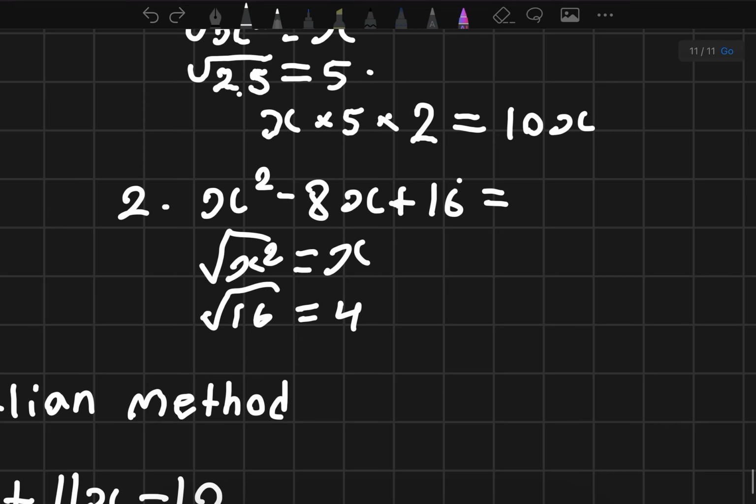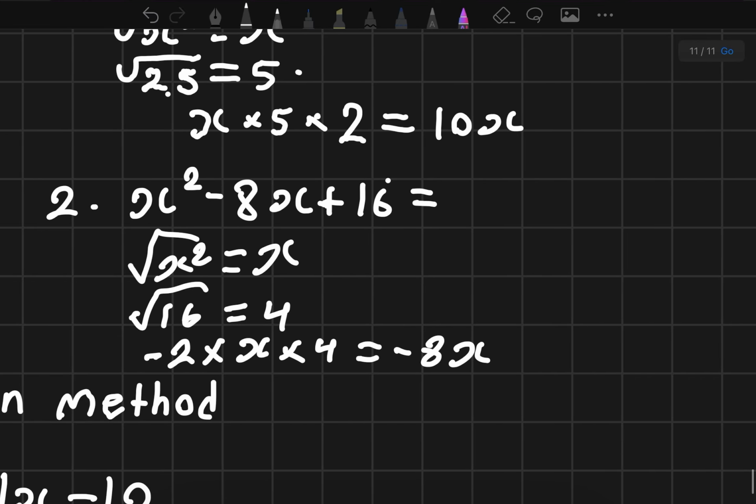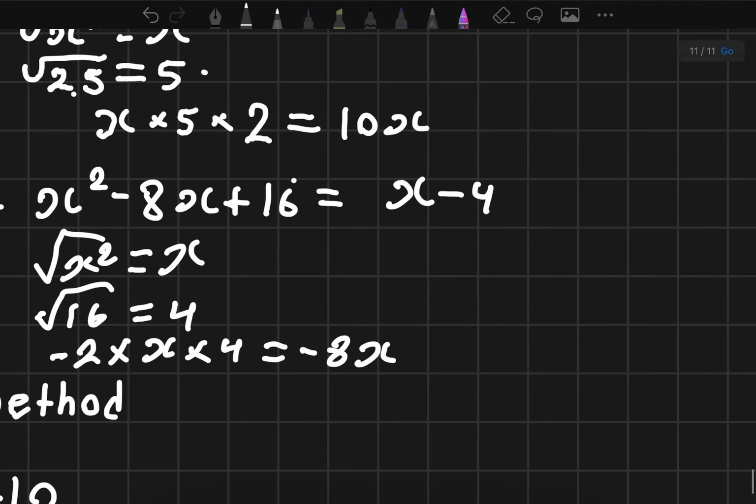So it'll be negative 2 times x times 4, which should be equal to negative 8x. And we can see that that is true. So the final answer here would be x minus 4 squared.